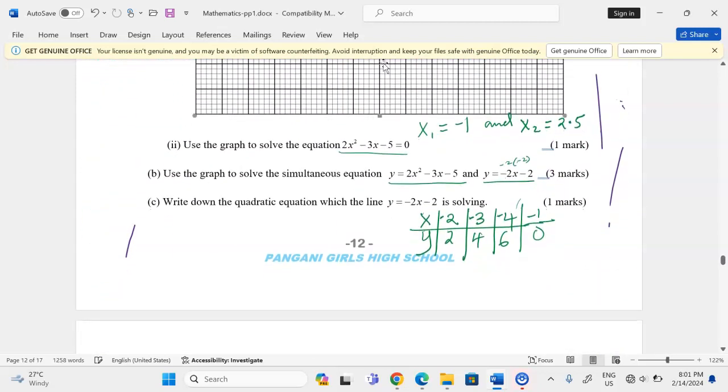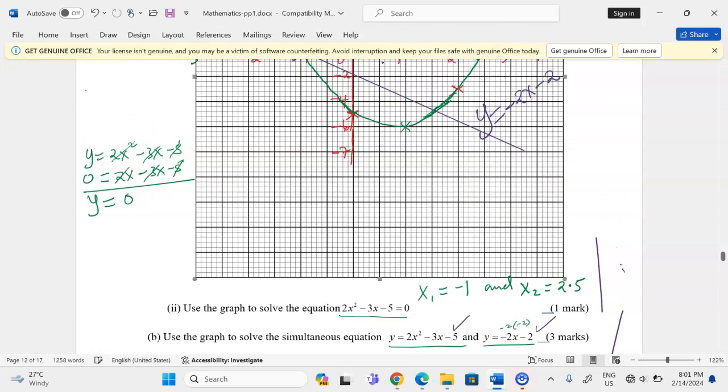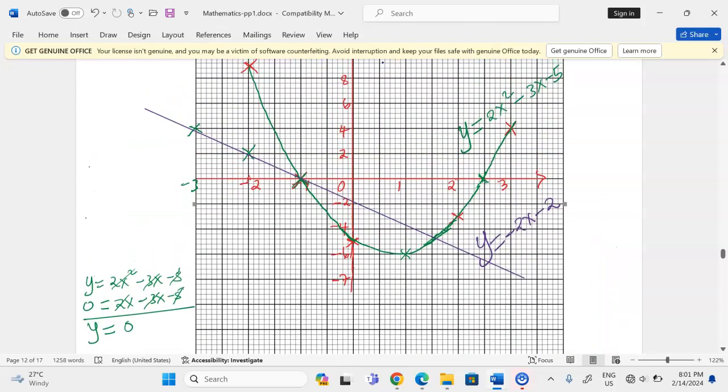So the next thing we do now is to see where the two graphs are cutting one another, because we have this graph and this one. Where do the two graphs cut one another? For the first point of intersection, we can say when x is -1, y equals 0.